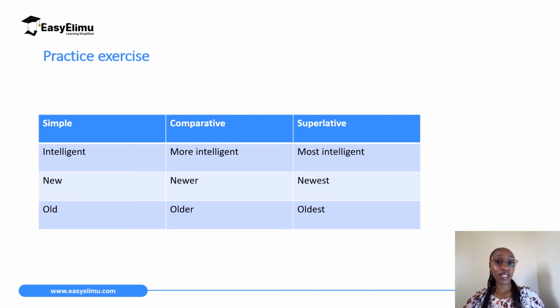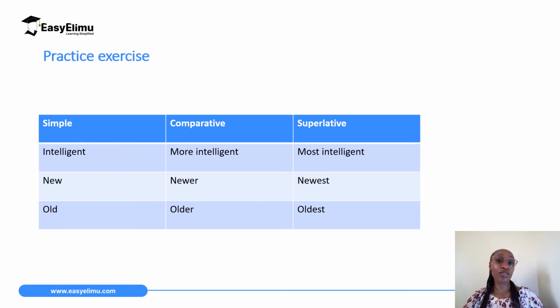Old, older, oldest. So, for example, in a sentence, you can say, this newspaper is old. This newspaper is older than that newspaper. Or, this newspaper is the oldest. Sharon is intelligent. Sharon is more intelligent. Sharon is the most intelligent.